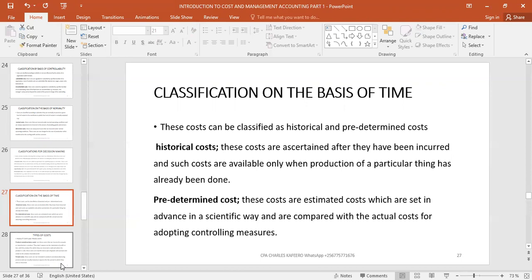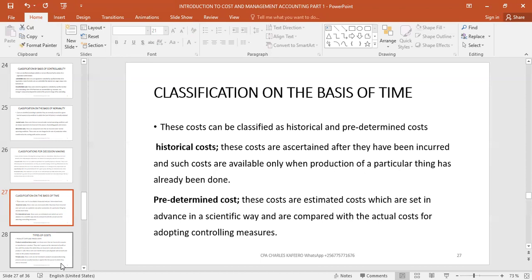Let's say you have purchased a motor vehicle for 2 million. If you have already incurred that cost of 2 million, then that becomes the historical cost of that item for the rest of its useful life.